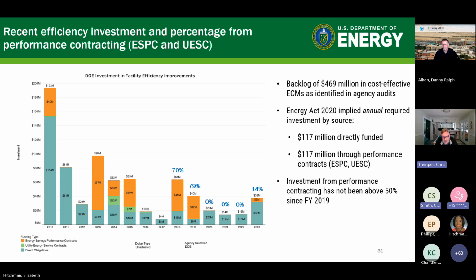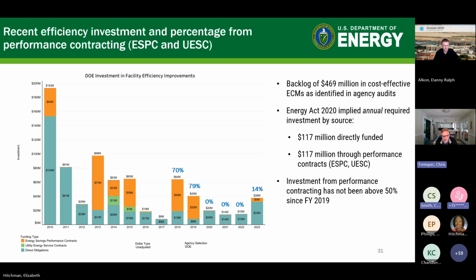A little more context on the 2-year implementation requirement that came out of EISA. DOE has identified $469 million in cost-effective projects in its evaluations. Now, if we were to take this requirement seriously, that means that there's an implied annual investment for DOE to improve its facilities of around $235 million a year.